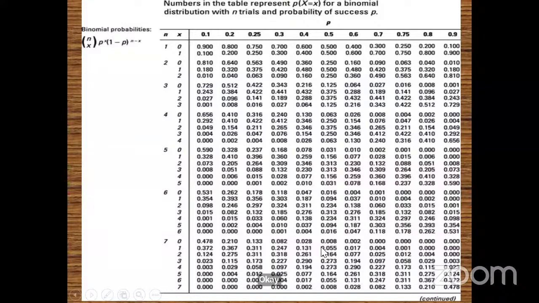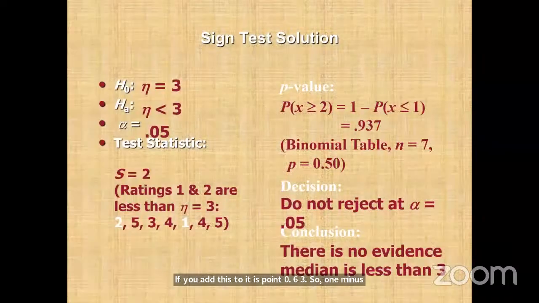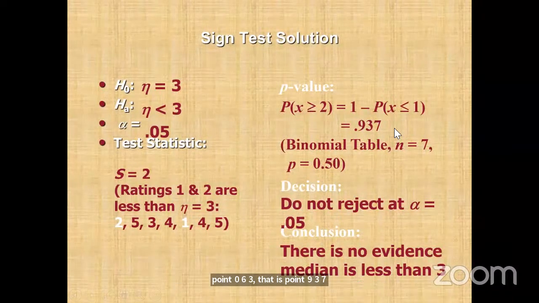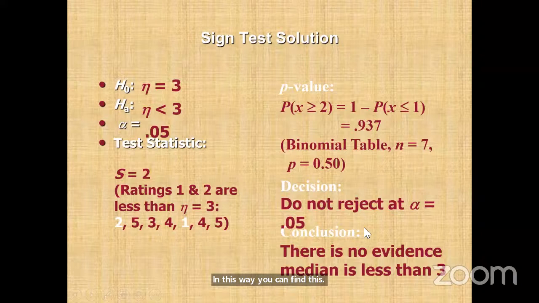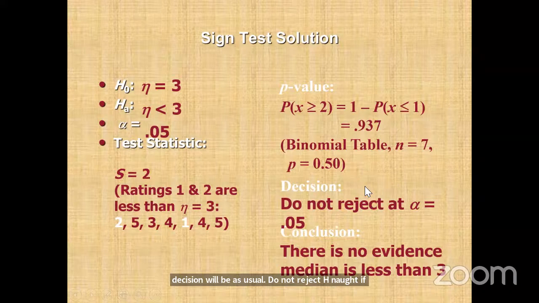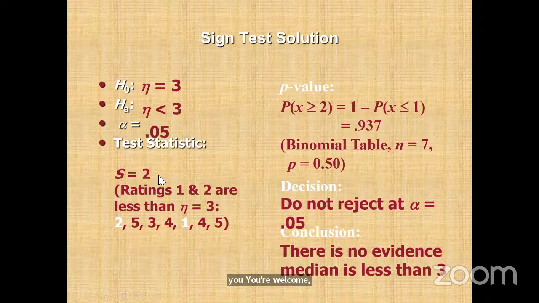If you add this, it is 0.063, isn't it? So 1 minus 0.063 is 0.937. In this way you can find this value. Then the decision will be as usual. Do not reject H0 if, when do we reject, when your test statistic, that is 2, is greater than 0.937.